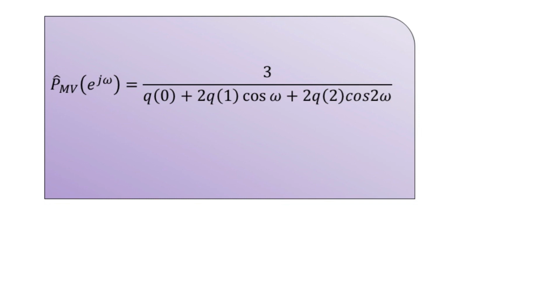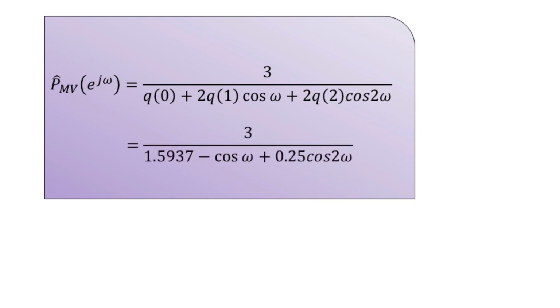Upon substitution of the previous values, we get it to the form 3 divided by 1.5937 minus cosine omega added to 0.25 times cosine of twice omega. So this completes the required answer, the second order minimum variance spectrum estimate to be found in part B here.